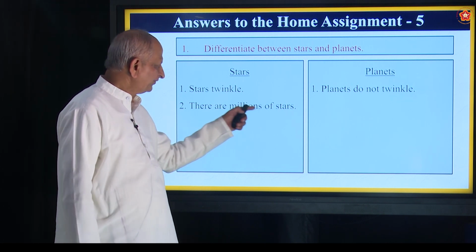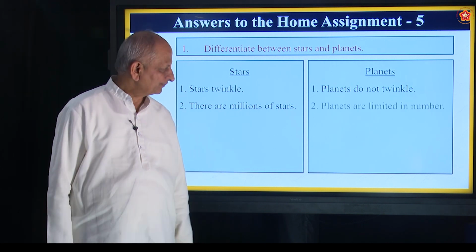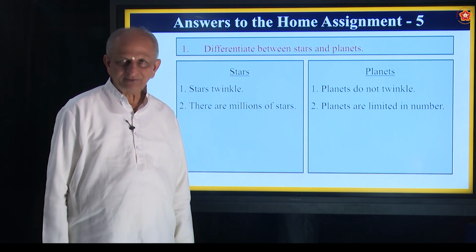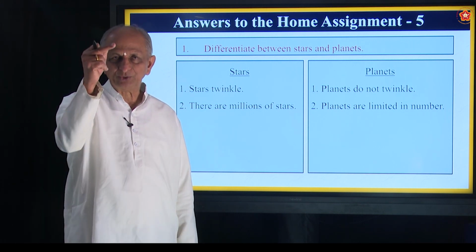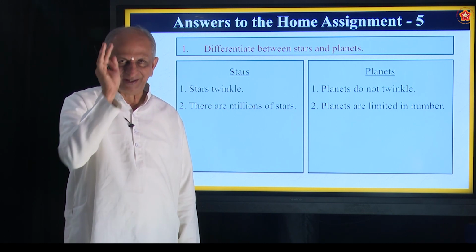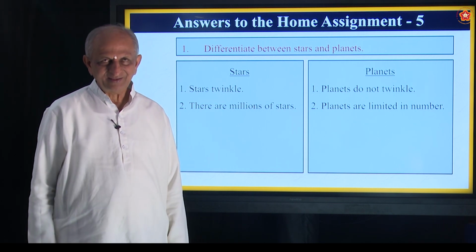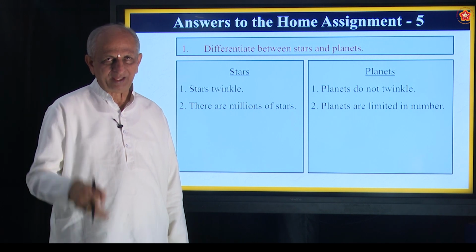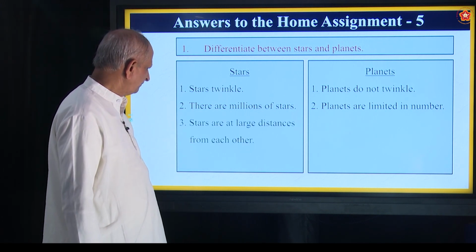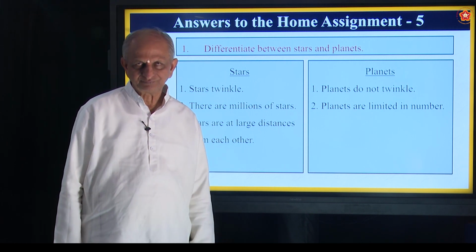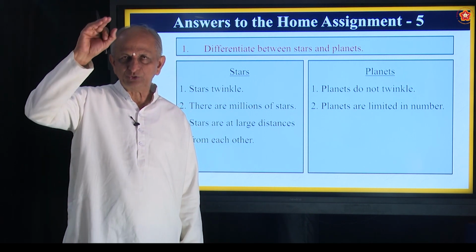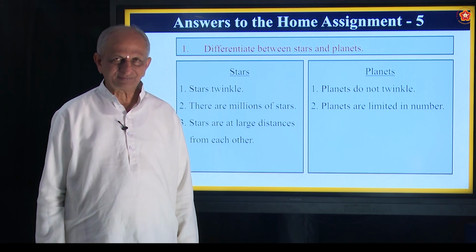There are millions of stars. And planets are limited in number. How many planets are there in solar system? 8 only. Correct? Similarly, some other stars may also have planets, but limited. Stars are at large distance from each other. Even though for naked eye it looks very nearby, it is not so.